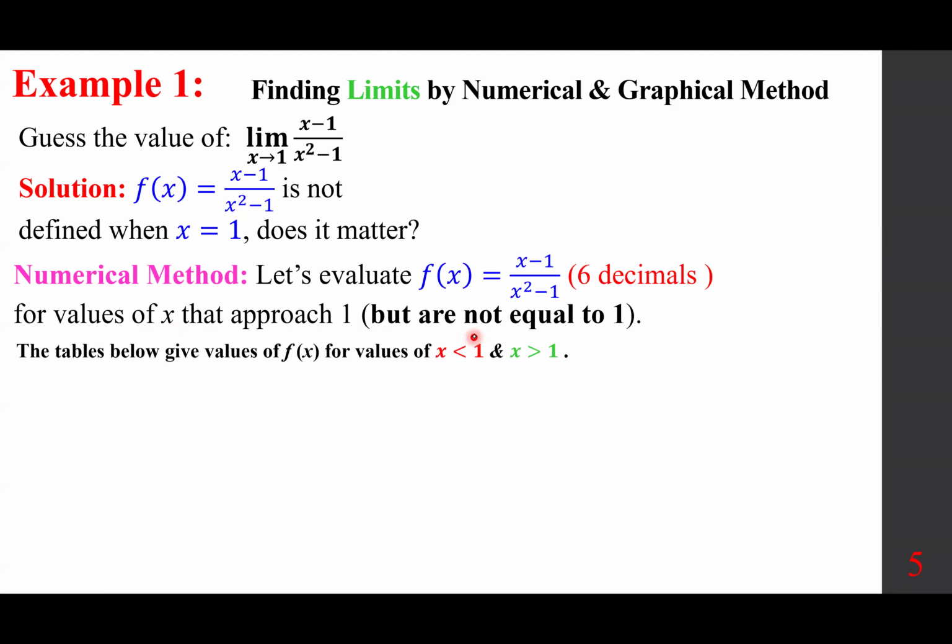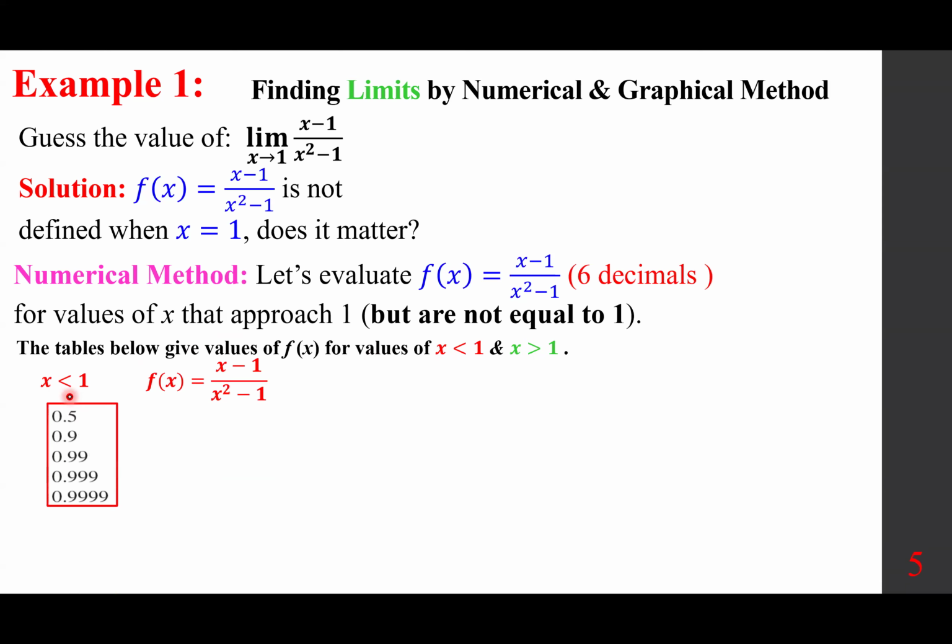So we're going to make up some tables below, giving values of f of x for values of x less than 1 and x larger than 1. So x is less than 1, here's the function, and less than 1, let's say fairly close: 0.5, 0.6, 0.7, 0.8, 0.9. Even 0.9 is not good. 0.99 and even more nines.